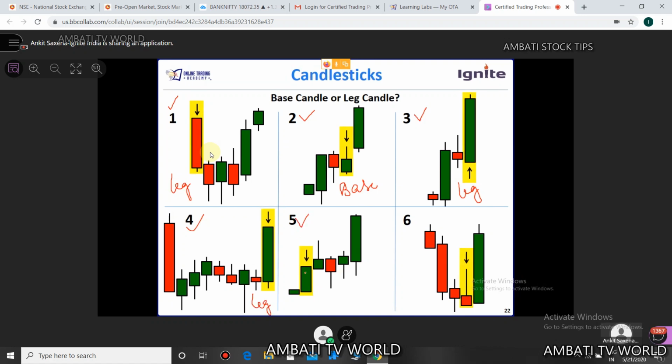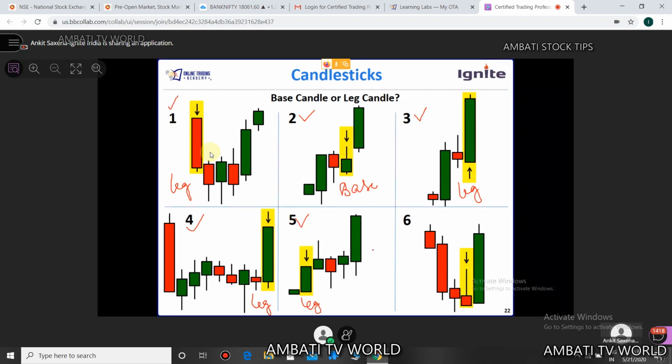Now the fifth picture. It's a leg candle, absolutely.